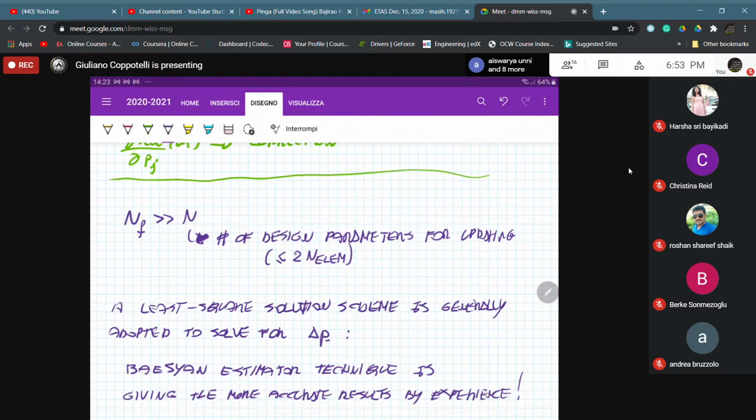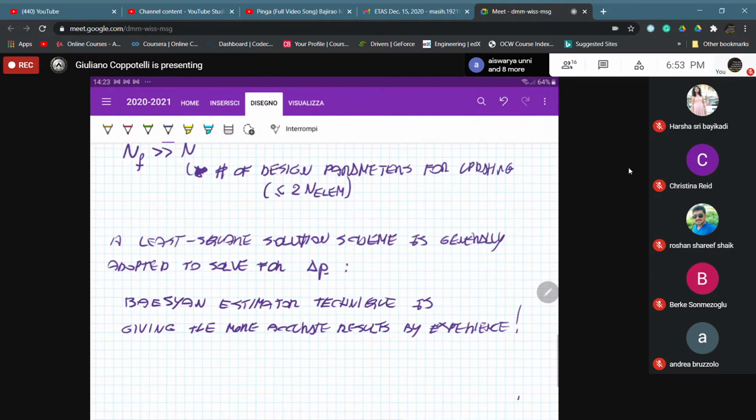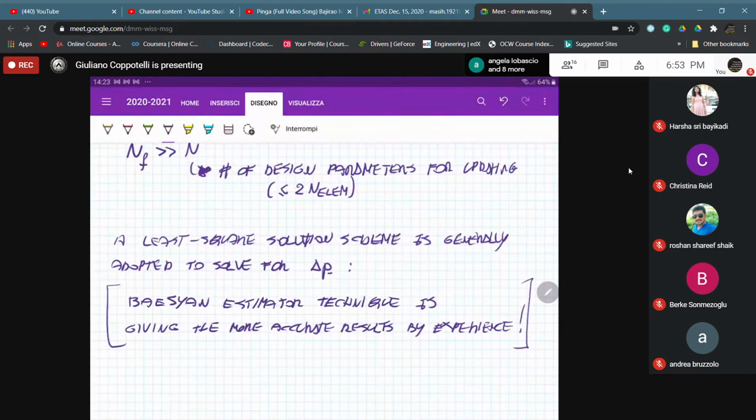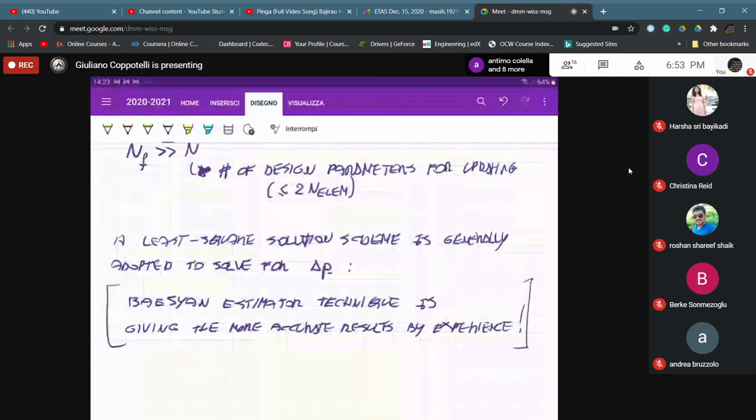Okay, so that is the key point, from the numerical solution techniques point of view, that one has to consider before trying to solve this approach.